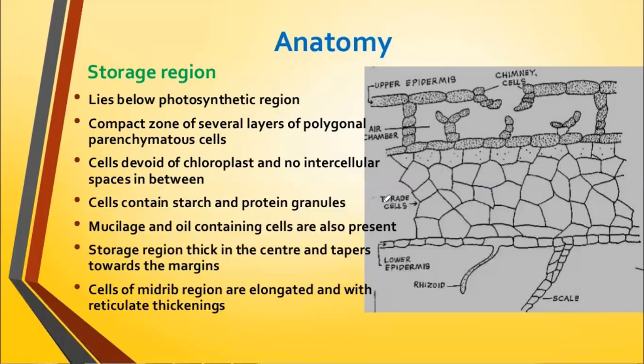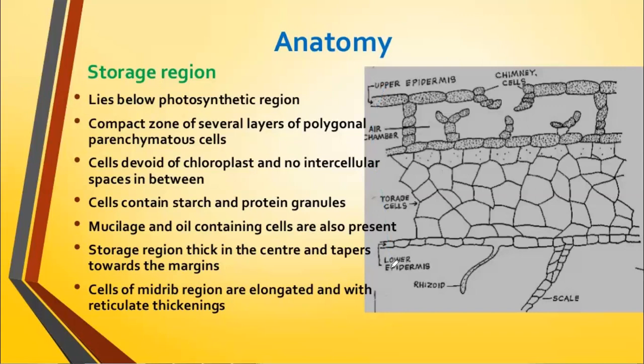Okay, so in general, to conclude this, the internal anatomy of Marchantia is studied by taking the vertical section of the Marchantia. When you take the vertical section and observe it under the microscope, you can find this type of arrangement of tissues, that is cells. It shows three different regions, that is epidermal region, photosynthetic region, and storage region.